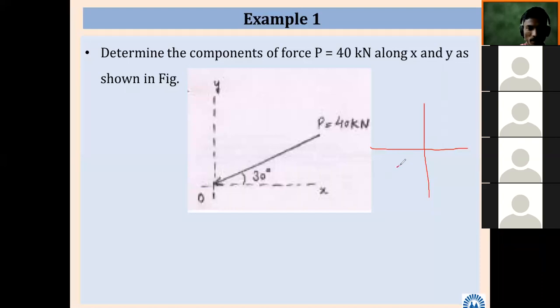Just pick up and keep at the origin. So this force will go something like this. Am I correct? Yes, sir. Okay. Now, as far as the x-axis is concerned, whether this force is going towards the positive x-axis or towards the negative x-axis? Towards negative.